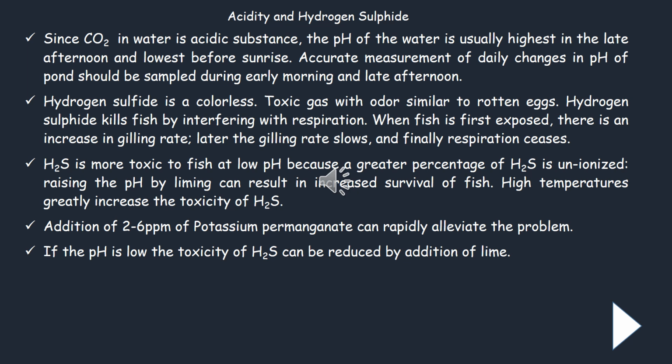If you add 2 to 6 parts per million of potassium permanganate in the water, it can reduce the problems of hydrogen sulfide. If the pH is low, the toxicity of hydrogen sulfide can be reduced by addition of limestone.